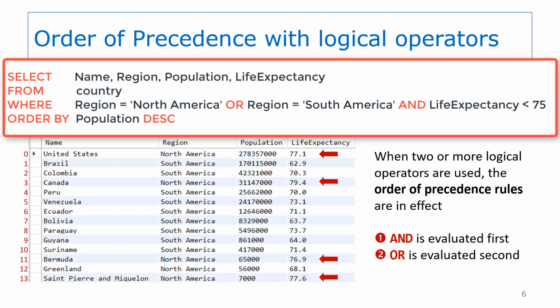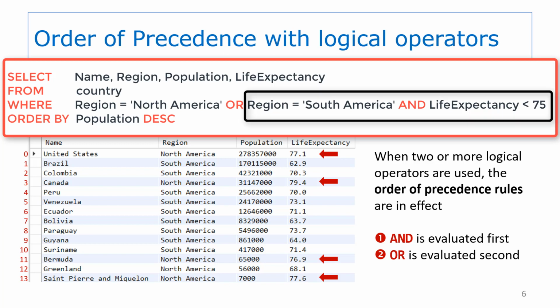The order of precedence rule states that when an AND and an OR operator are used in an expression, the AND clause is evaluated first. The AND clause evaluates to true if the region is South America and the life expectancy is less than 75.